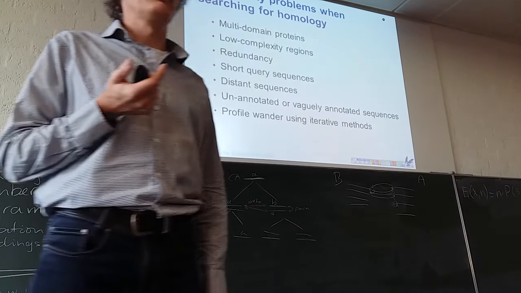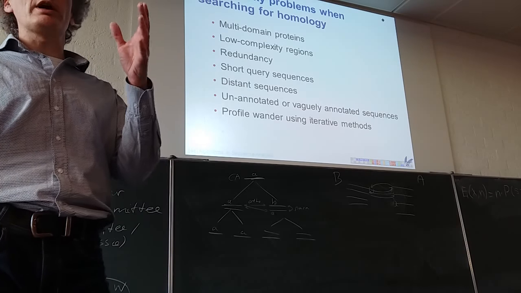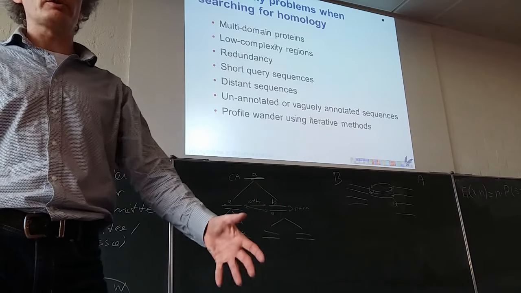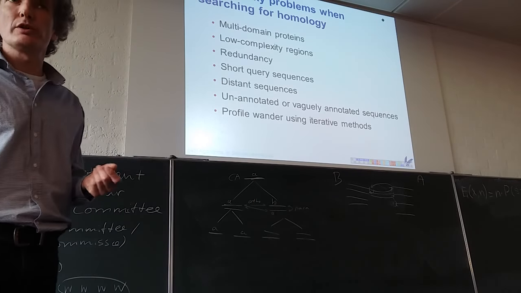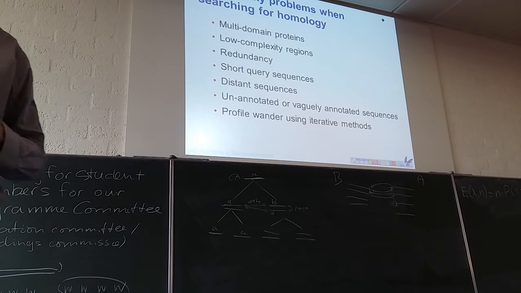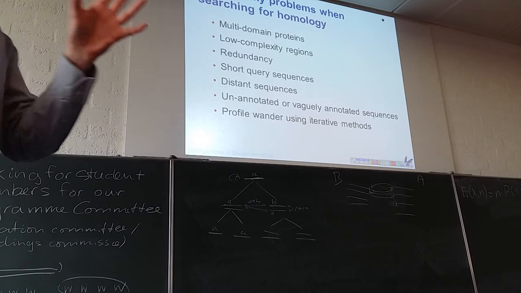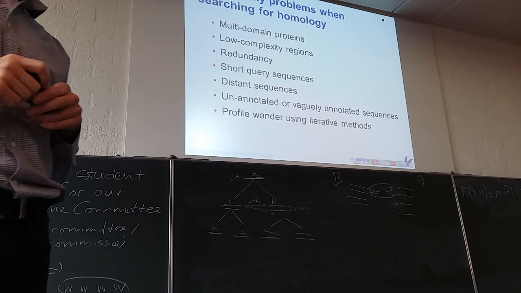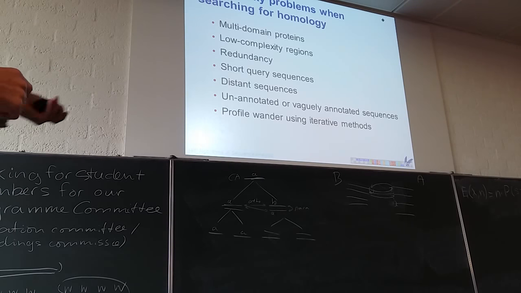If it's shorter, it's more likely to align with a random sequence. Yeah, exactly. If your database is big enough, you'll have a few small sequences that happen to be close enough to give a high enough alignment score, right? Distant sequences are obviously difficult, and we'll go through these.